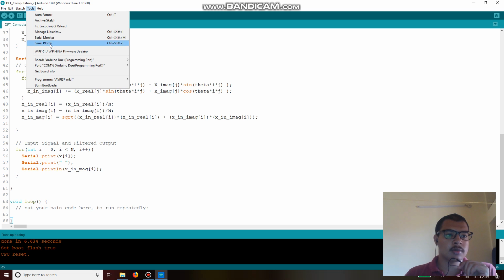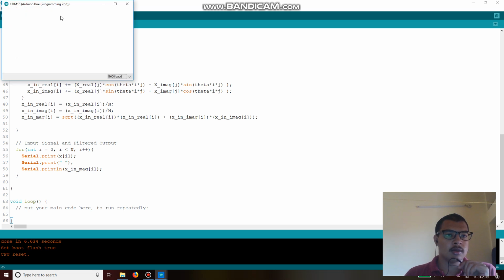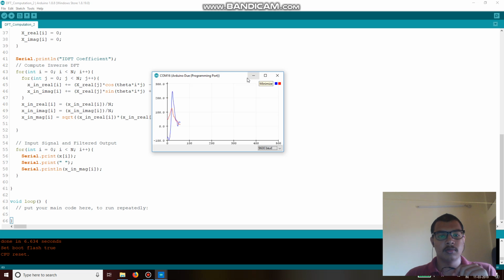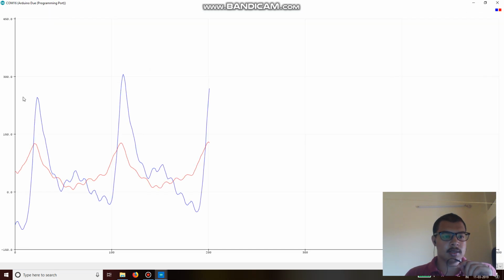And so now we'll be plotting the results. So these are the results. This is my input signal and this is my filtered version. The red one is the filtered version of the input signal.